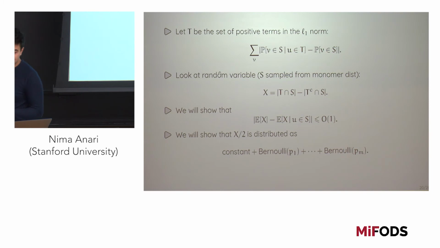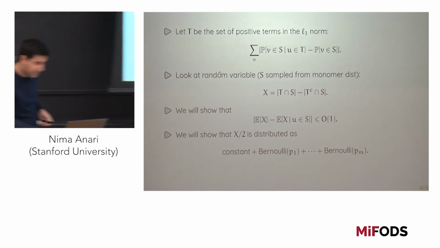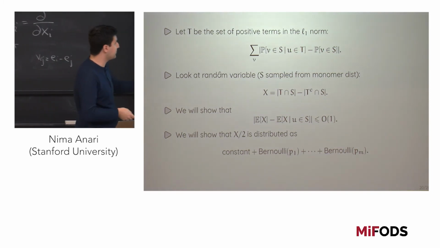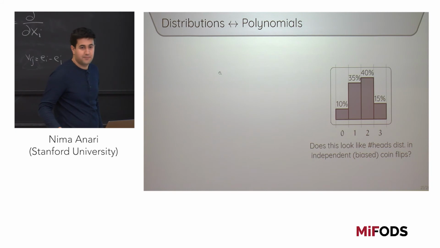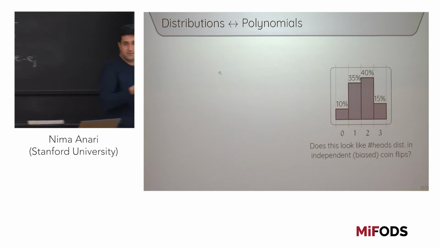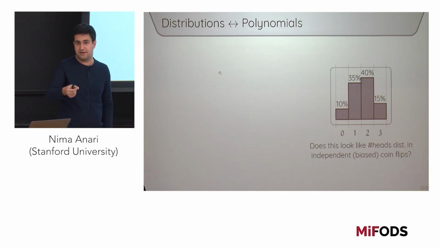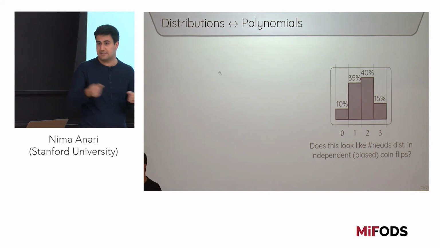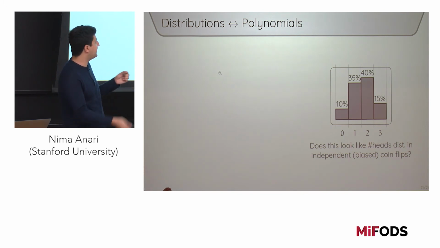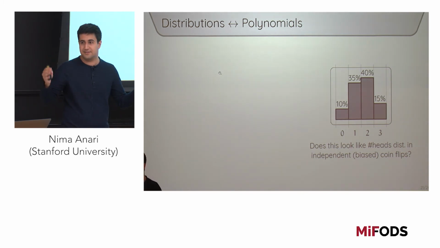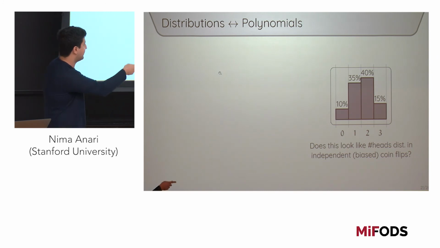Okay. And I don't think I have time to give you the full proof of this, but let me just give you a sketch of where this is coming from. So if you have a univariate distribution, if you have a random variable taking on, let's say, integer values, and if you want to know whether it's distributed as a sum of Bernoullis, there is a correspondence in the polynomial world, which tells you whether this is true or not.